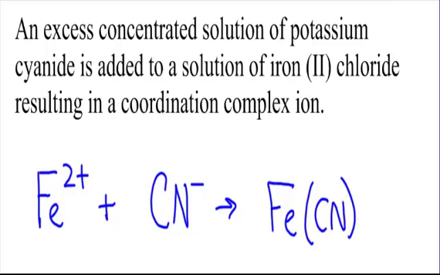Iron's charge at the beginning is plus 2, so I need 4 cyanides, and I go back and balance them. Looking at my charges, I have plus 2 and 4 cyanides, which makes a minus 2, so at the end I need nothing more than a minus 2.